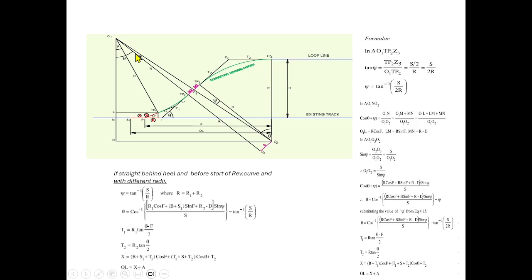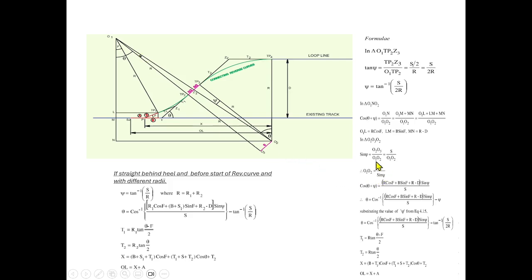Then again, as usual, we come to this big triangle O1, N, and O2. So cos of theta plus psi equals what? The adjacent side O1 N divided by O1 O2. So we are resolving it. Again, we resolve that O1 O2. It is not 2R; we cannot simply take it, but we take it in terms of psi.